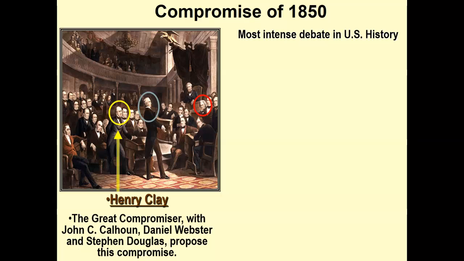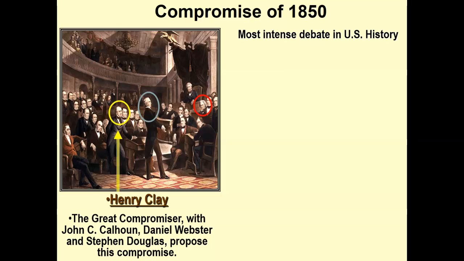In 1850, there is a great need for a compromise, and our friend Henry Clay is going to come through one more time and is going to orchestrate a group of bills together that will become known as the Compromise of 1850. There was a lot of discussion that if this doesn't get done, the Union is going to break apart.